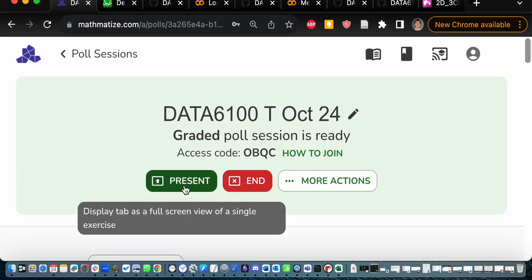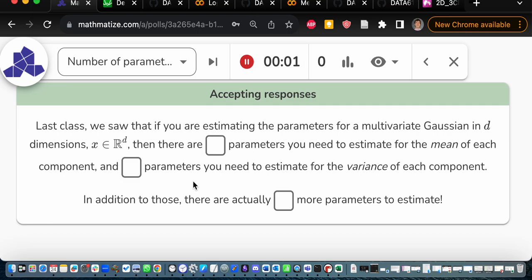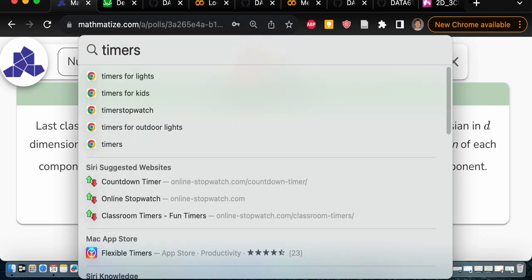So it's got something to do with d times d minus 1. Okay, it's open again. Take 2 minutes and think. Feel free to chat with your neighbors about what are the number of parameters.